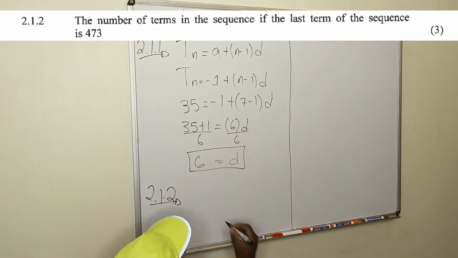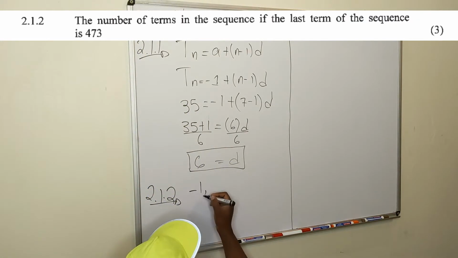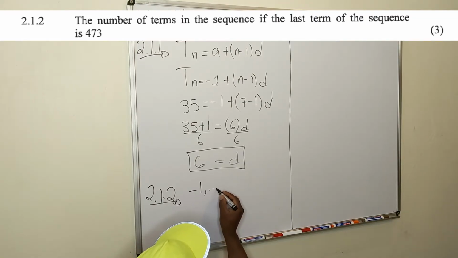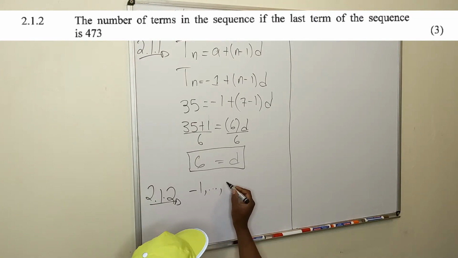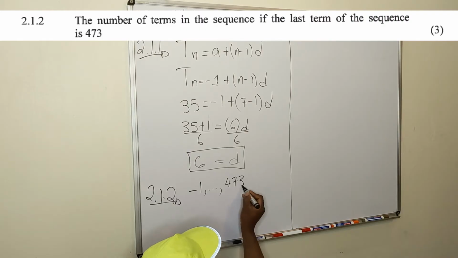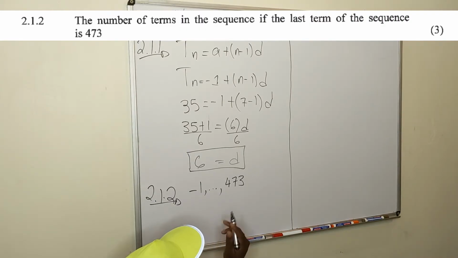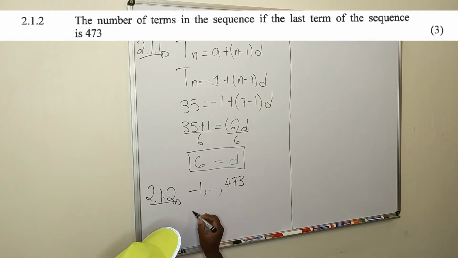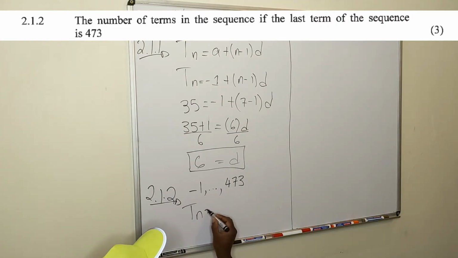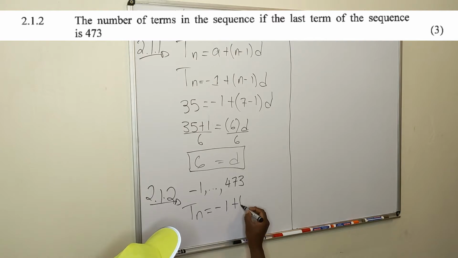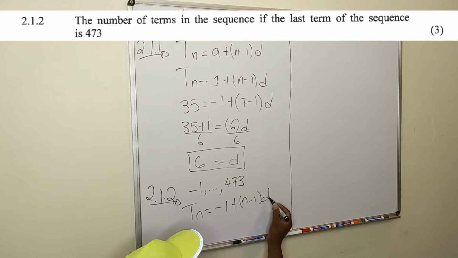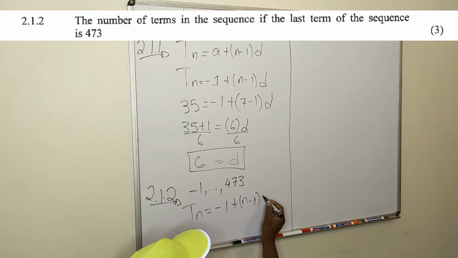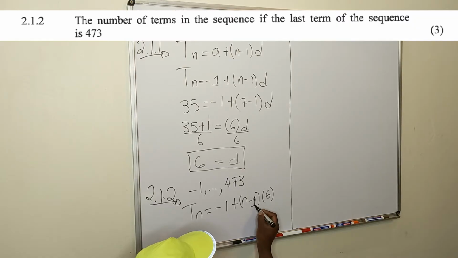You are told that the first term is -1, and then your sequence continues, and the last one is 473. You found that your general formula, your nth term, is Tn is equal to -1 plus n minus 1 times D, and your D is equal to 6.